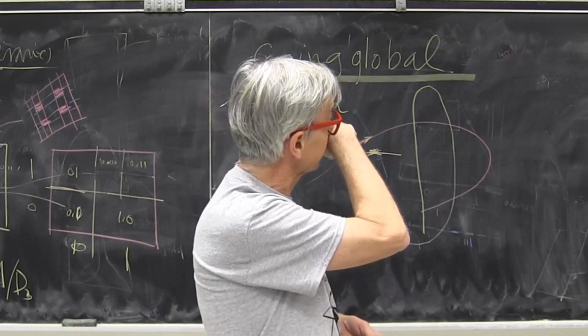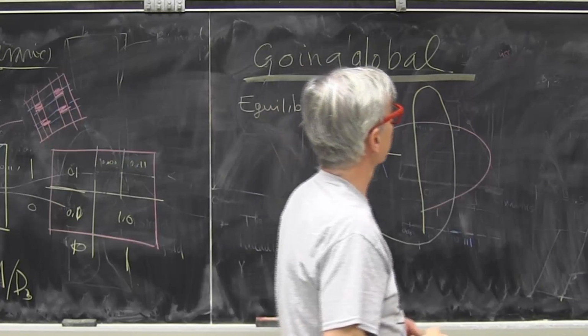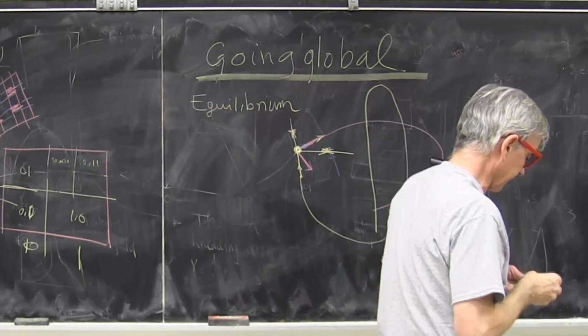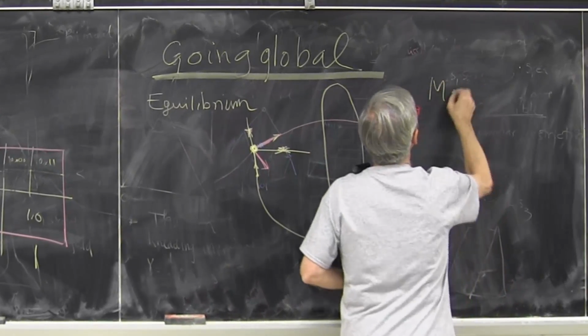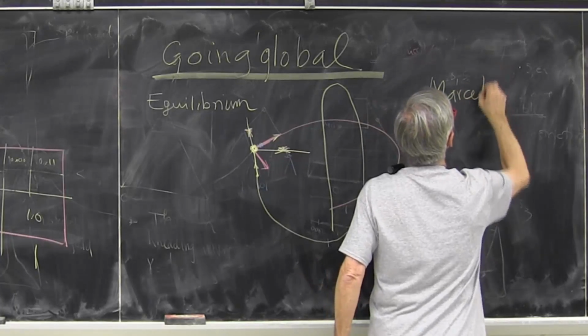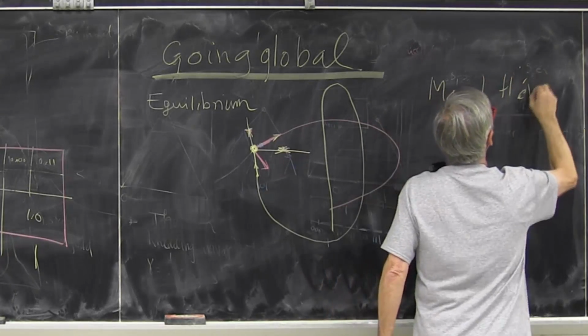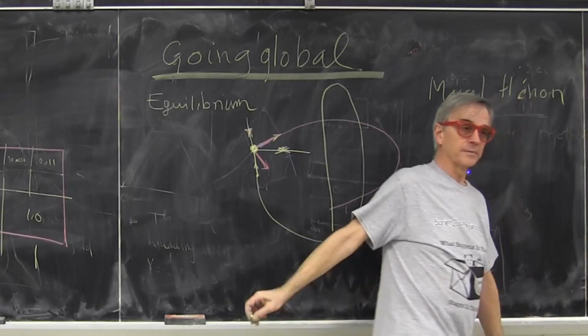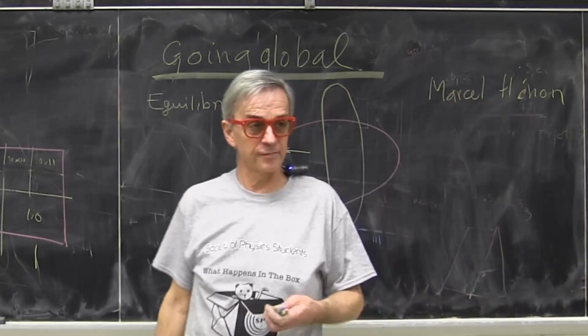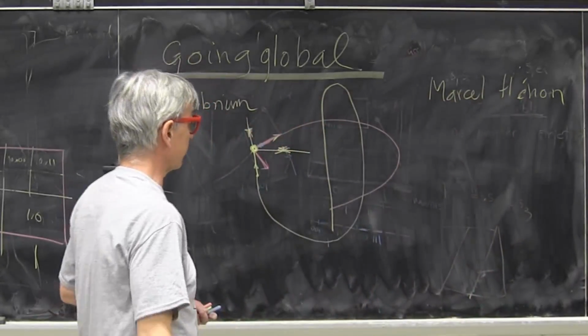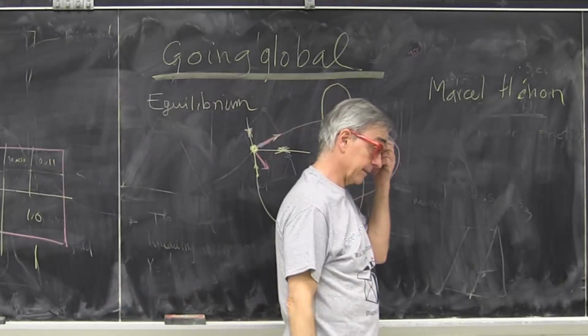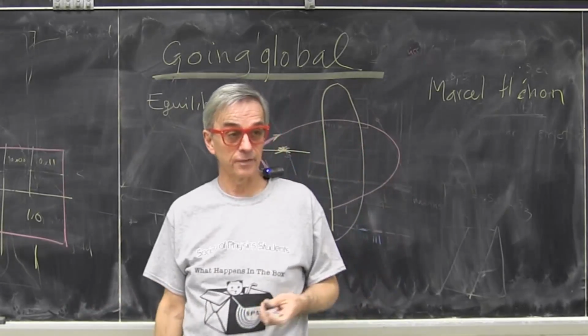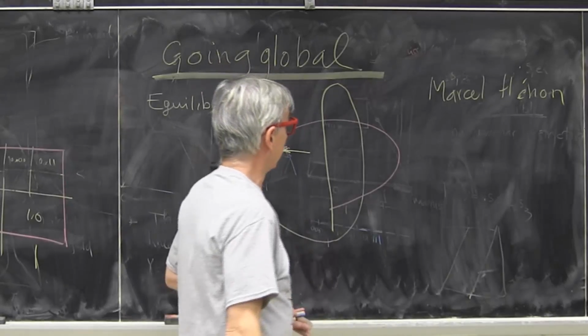So another good person, I guess I'll do it briefly next time, Marcel Henon. So this is a brilliant astronomer, a French style, so he knows his mathematics, just like Lorenz was a brilliant meteorologist because he was a student of Birkhoff.